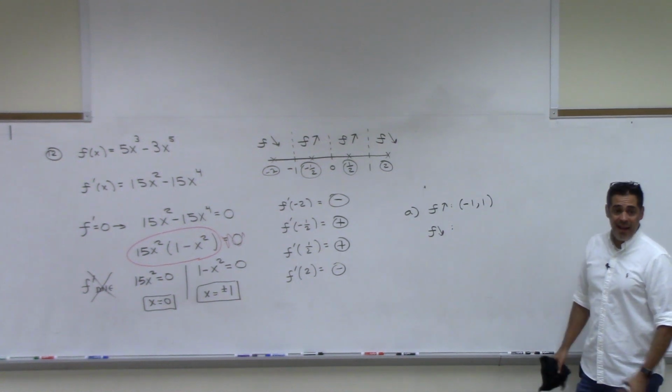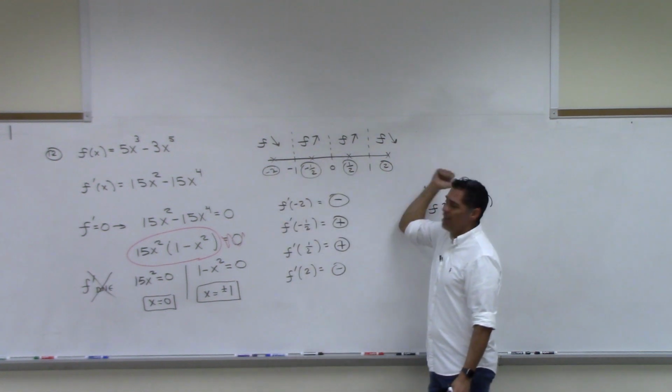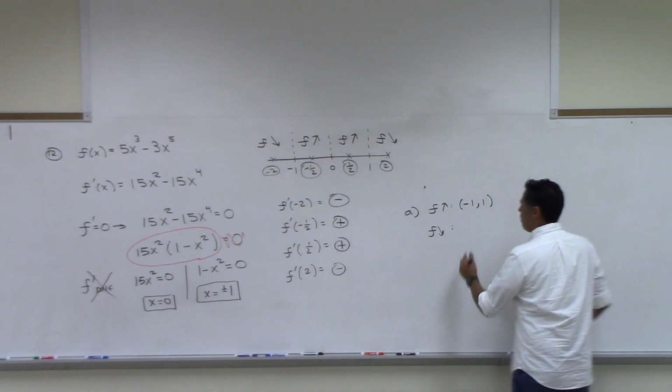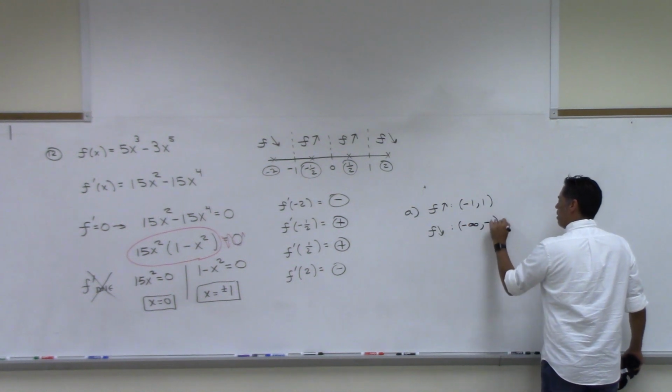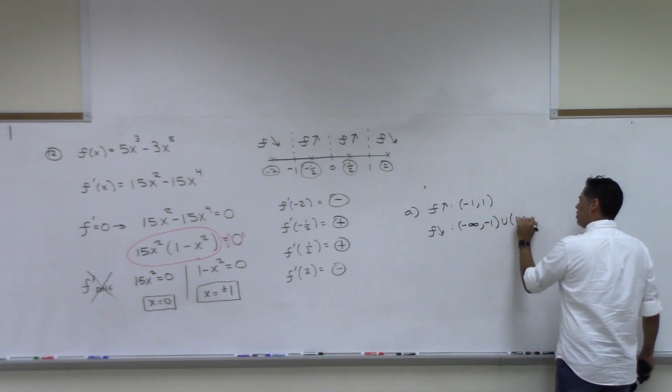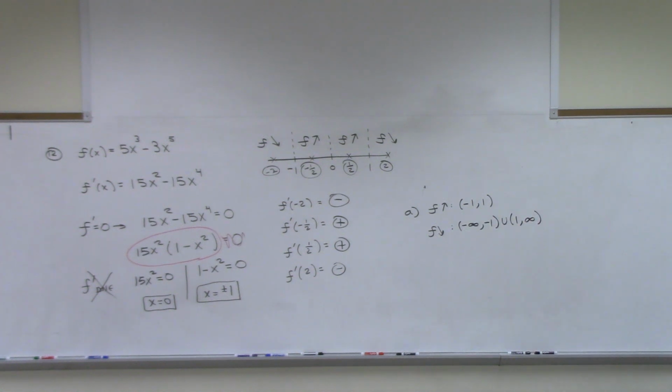And then it's going down to the left of -1 and to the right of +1, right? So the way I write that is -infinity to -1 union, then 1 to infinity. How's that? Yeah?